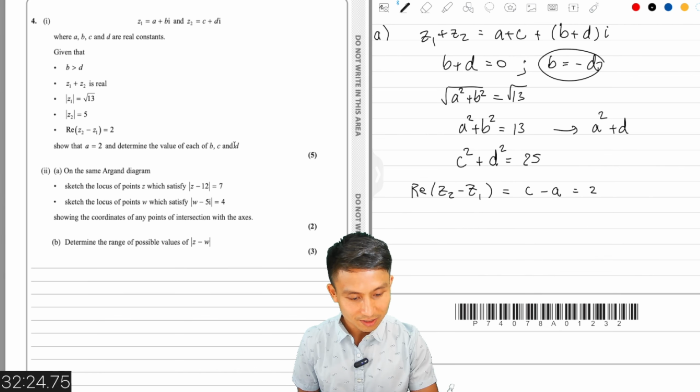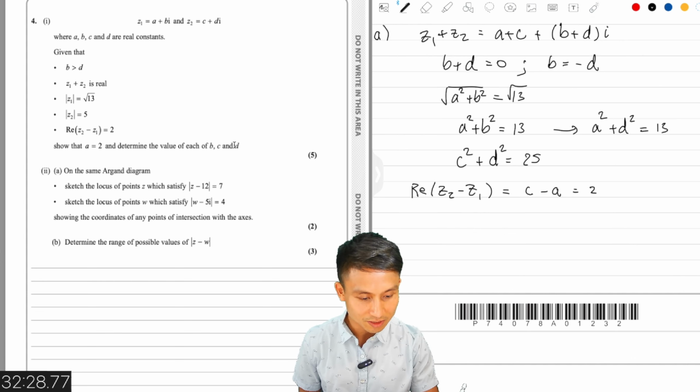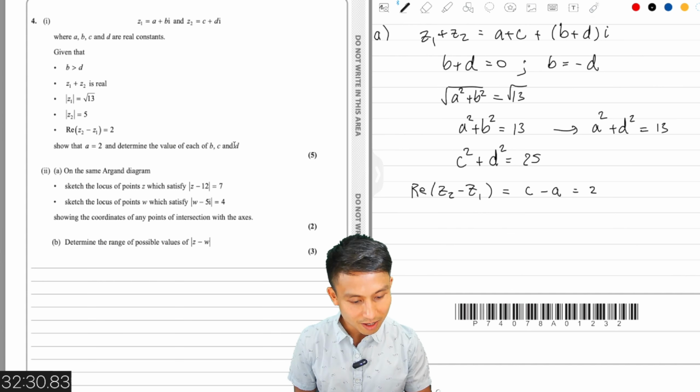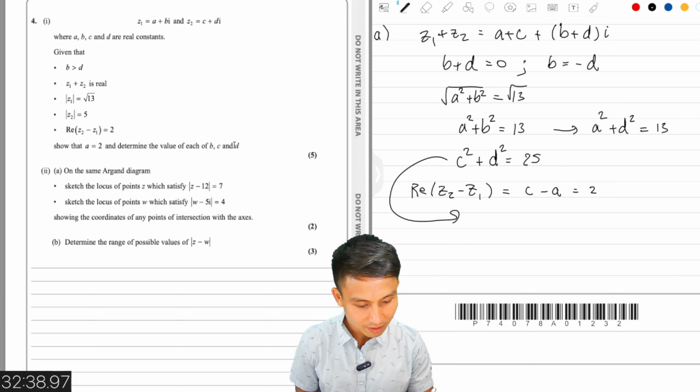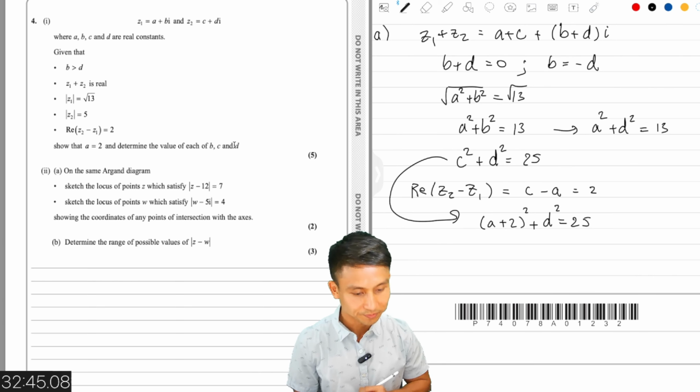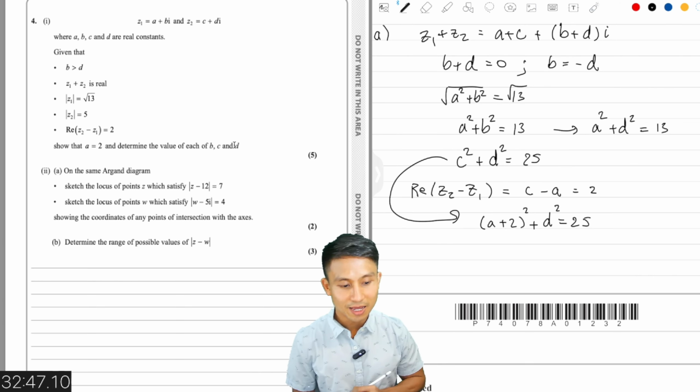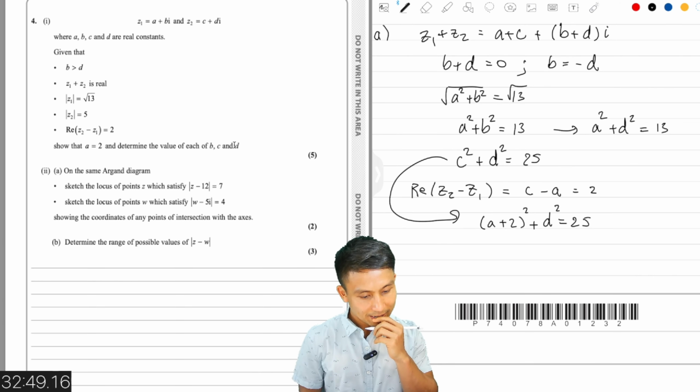If you plug this into B, you're going to also get A squared plus D squared equals 13. And if I substitute C minus A into the C here, I'm going to get that in terms of A too. So C is A plus 2, so this is A plus 2 squared plus D squared equals 25. That's going to give me A and D as well. That should be useful.